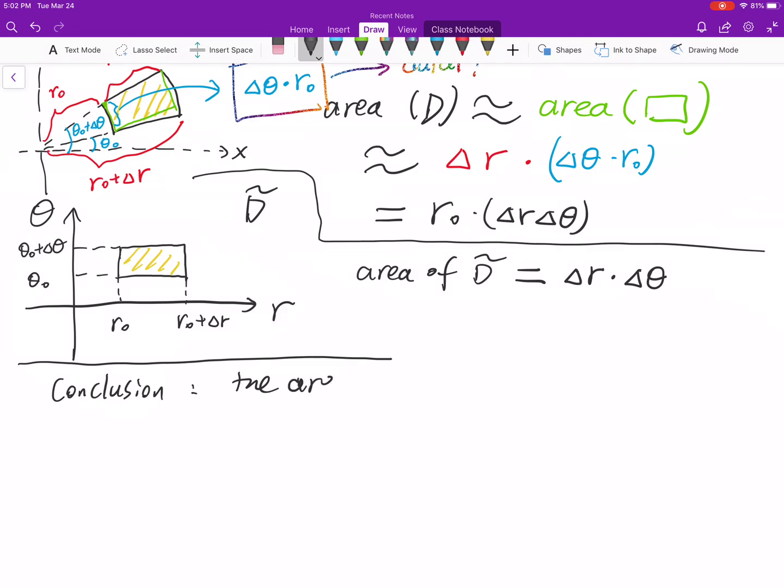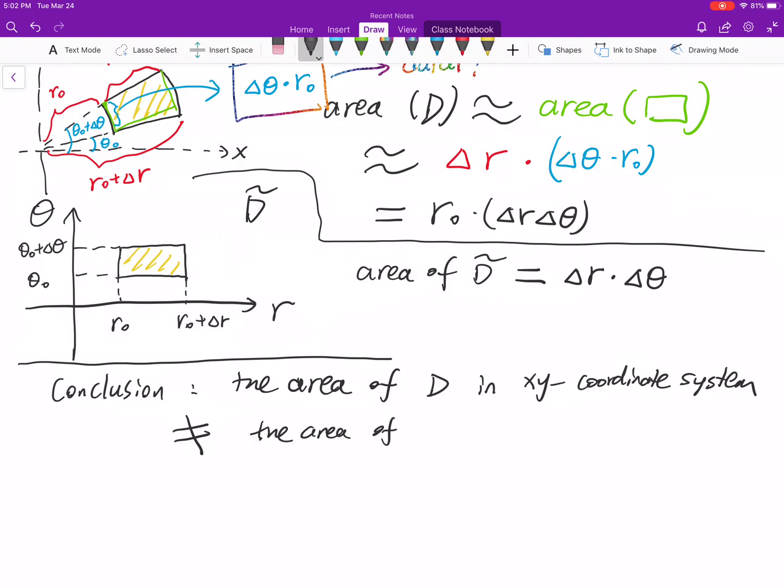The area of D in the XY coordinate system is different from the area of its image D theta in the polar coordinate system. This is true, but actually we have a better result.